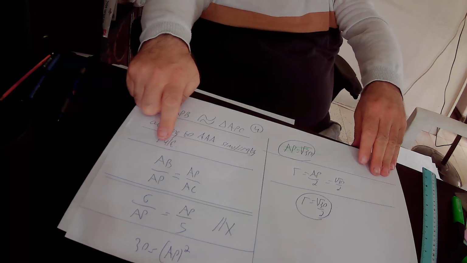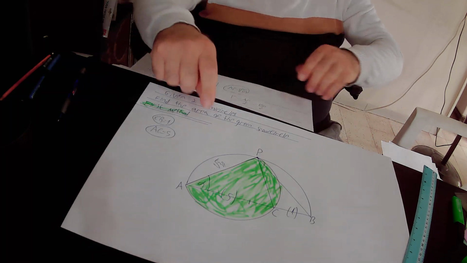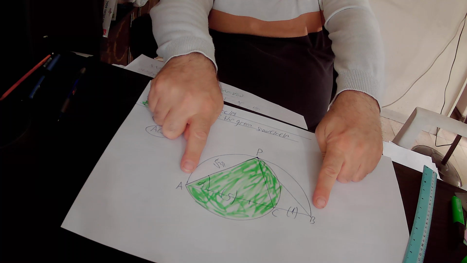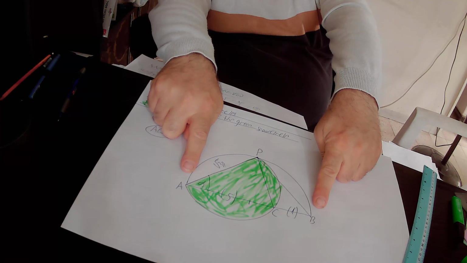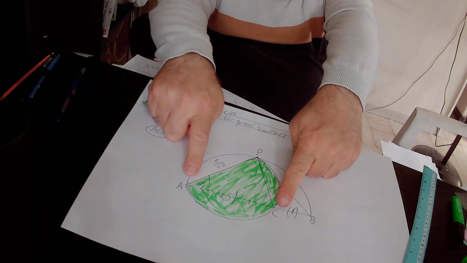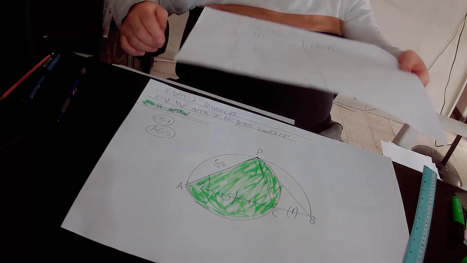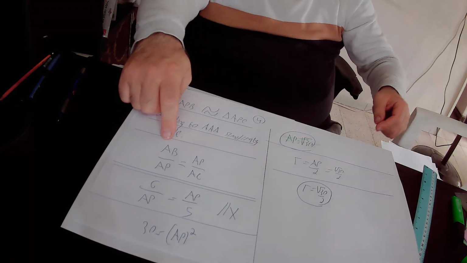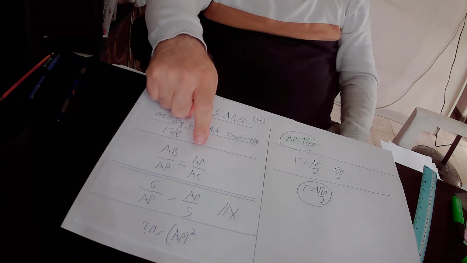What is the length of AB? AB in total equals 5 plus 1, that is 6. And AC equals 5. So we substitute AB by 6 and AC by 5.